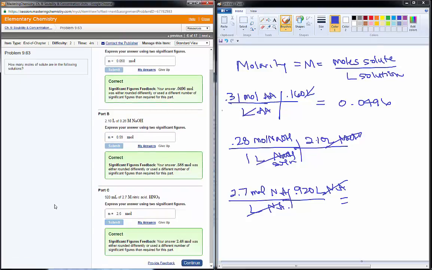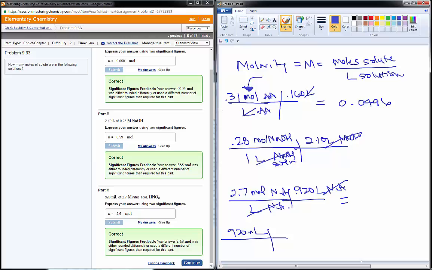Now that's going backwards because I started with the units that I needed, moles, and I went to eliminate anything else. The other thing you could do is start with something else you're given, like in this case, 920 milliliters.